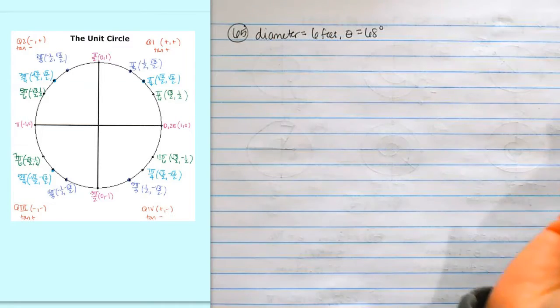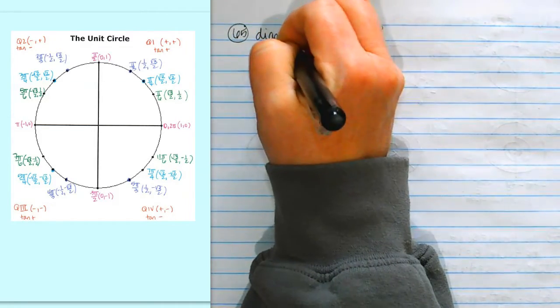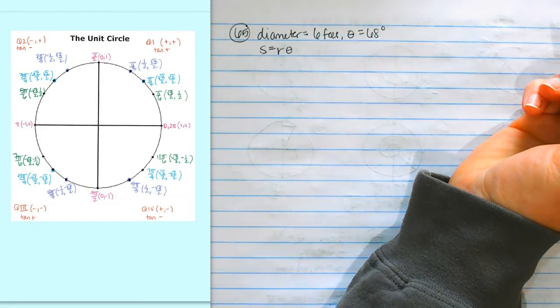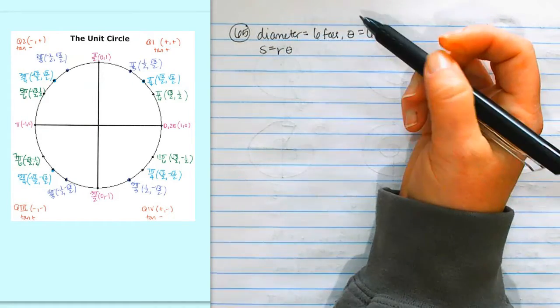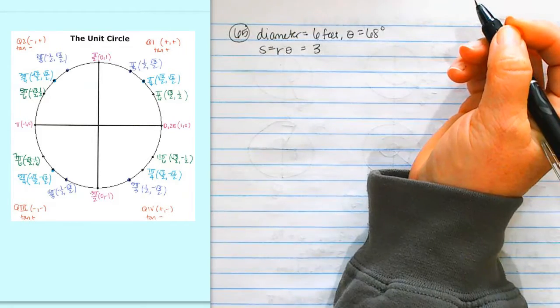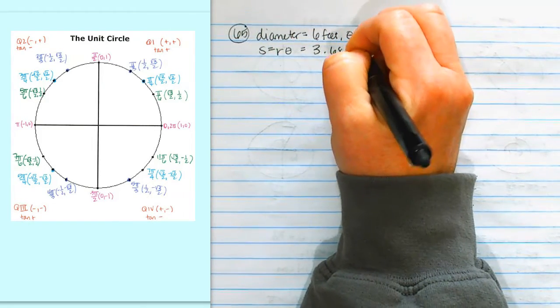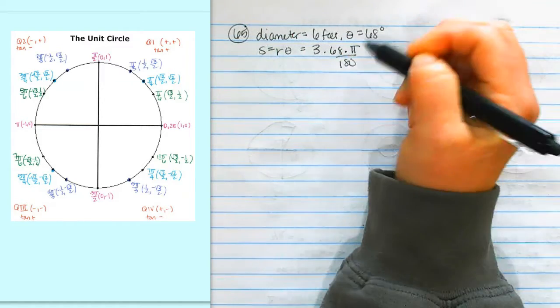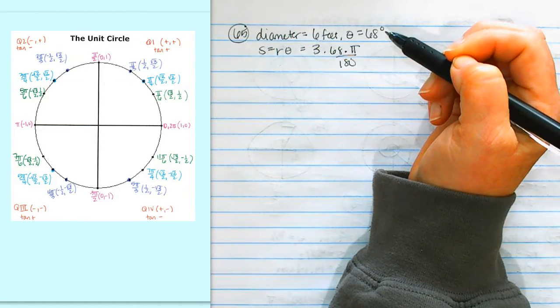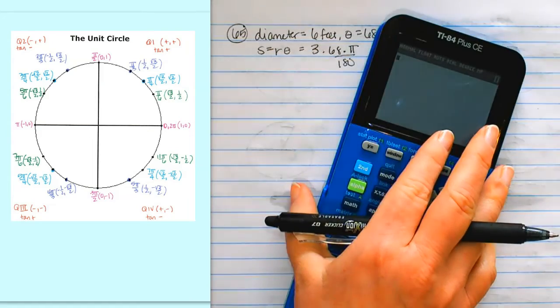65, they gave us diameter 6 feet and the angle 68 degrees. So we need radius times theta in radians. First I need to find the radius, so this is 3 for the radius. And then this is 68 times pi over 180. This will change this into radians, and I can do that in one smooth maneuver because I've got my calculator to do the math.